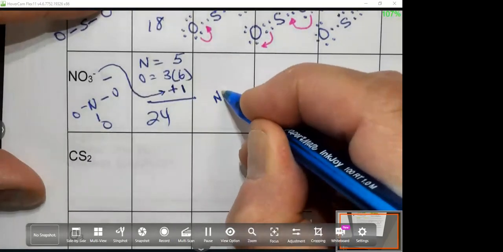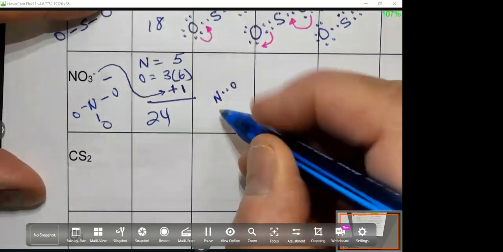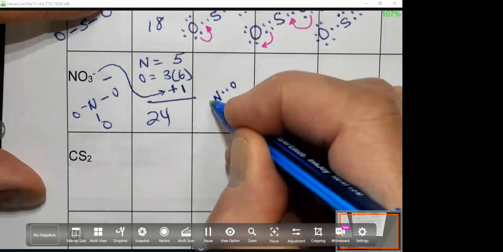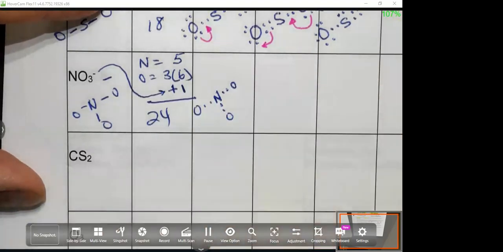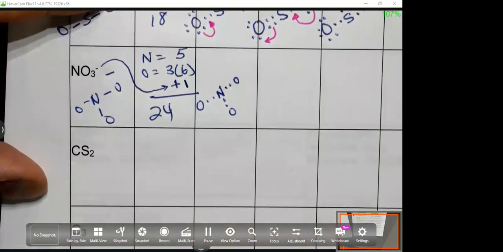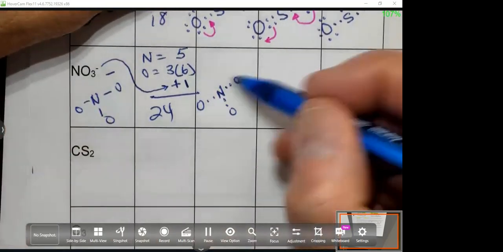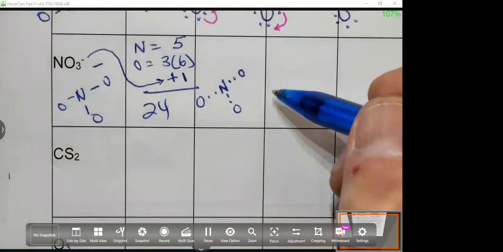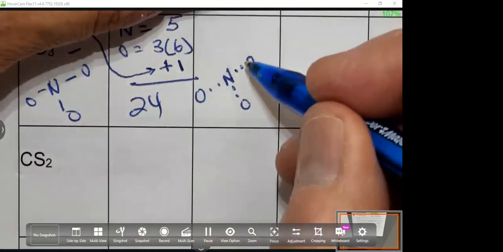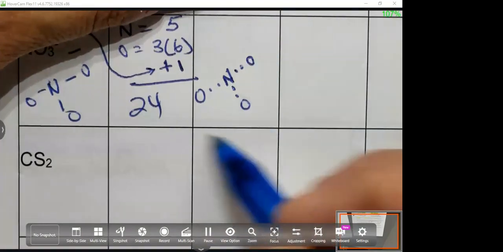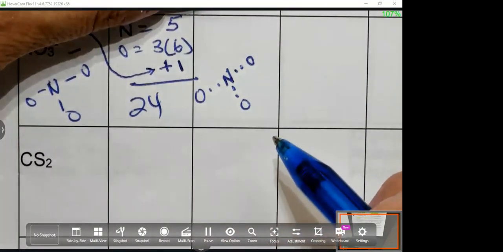Let's put nitrogen in the middle. What's my next step? Make oxygen happy, correct? My next step is to make my oxygens happy on the outside.